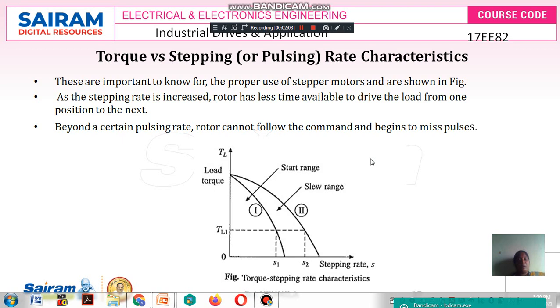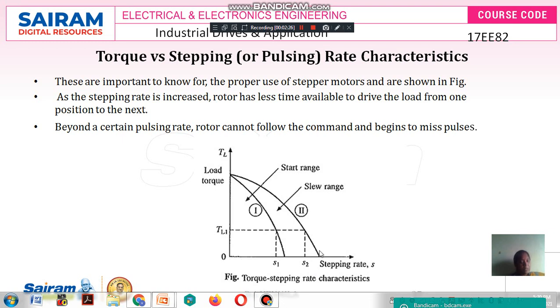Now, to operate the motor safely and synchronously, we are going to study this characteristics curve, the torque versus stepping rate characteristics.